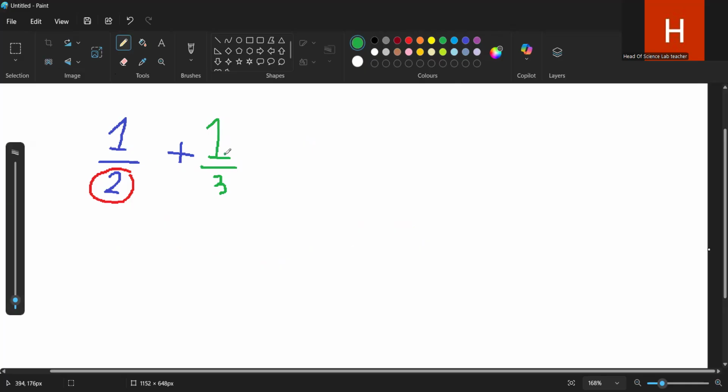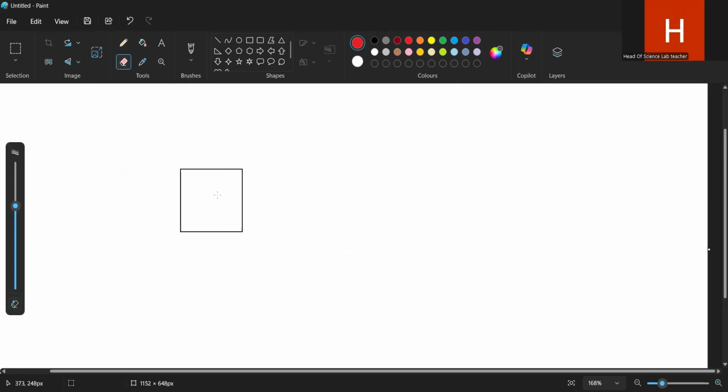To add these two fractions, you have to look at the denominators, the numbers on the bottom. Are they the same? No, they're not the same. Because they aren't the same, I can't add these two fractions. In order to add both fractions, you have to make sure that the denominators are the same.